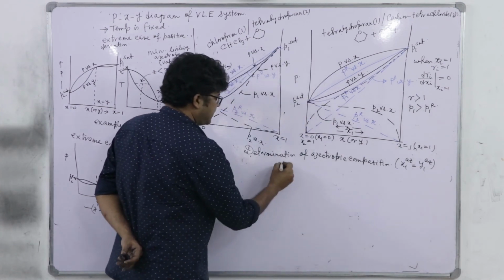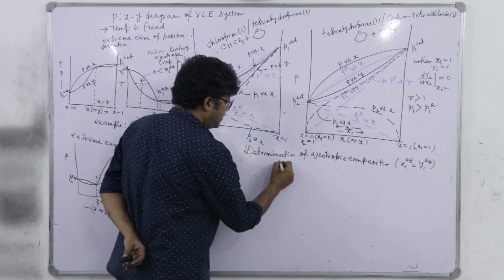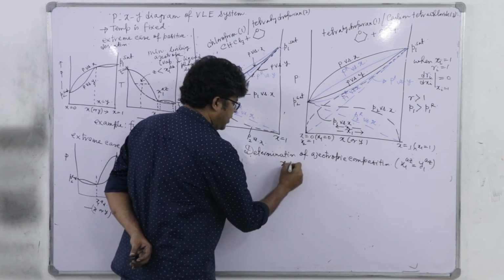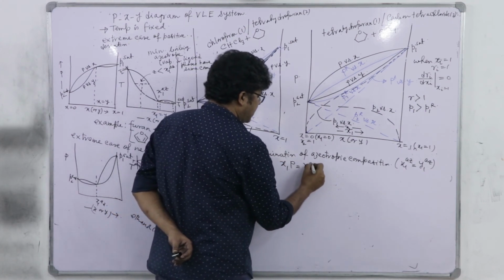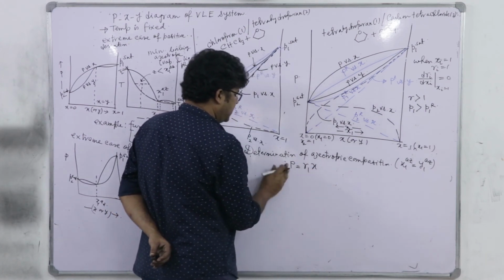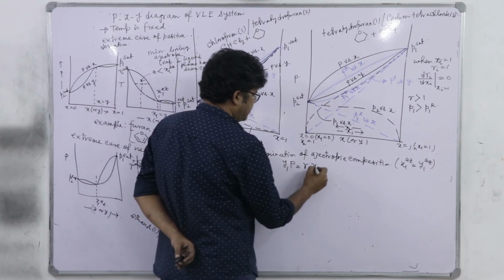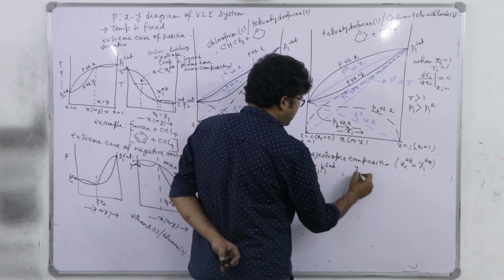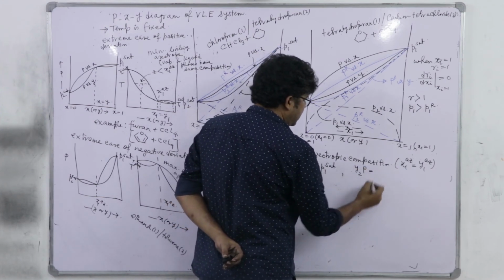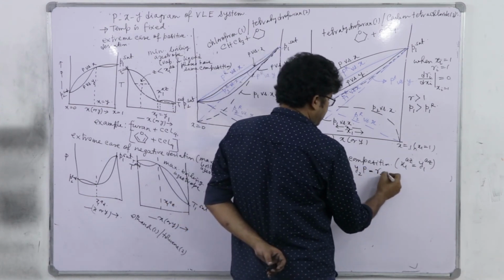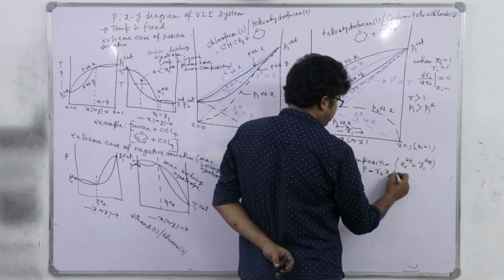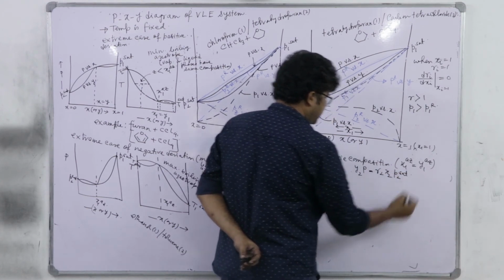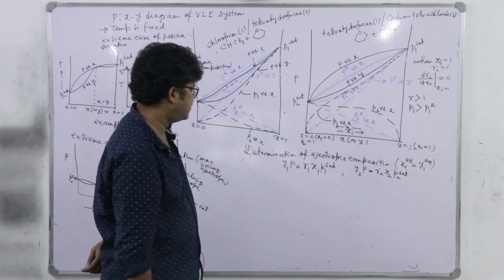You see that if we apply modified Raoult's law, y1 P is equal to gamma 1 x1 P1 sat, and y2 P is equal to gamma 2 x2 P2 sat. Right.